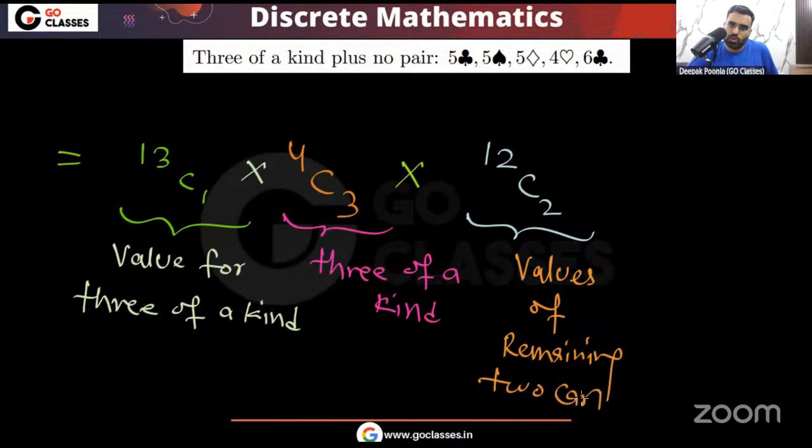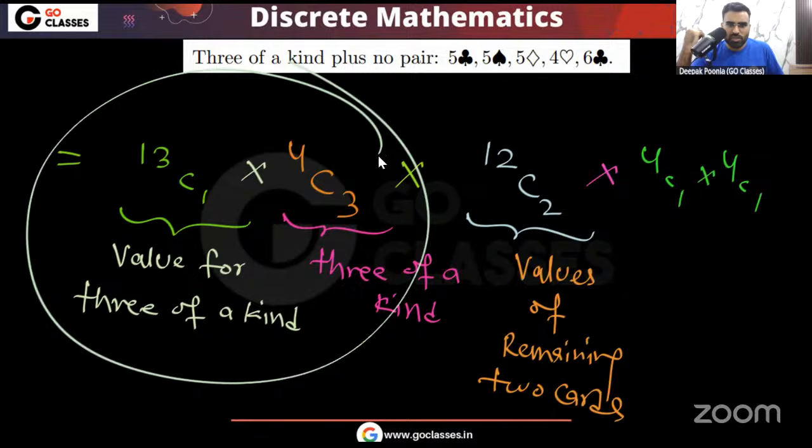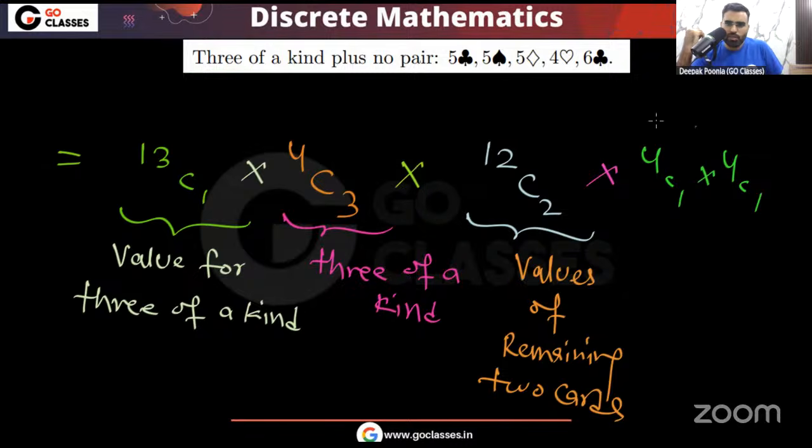Once I have chosen values for the remaining 2 cards, then for each value there are actually a total of 4 cards, but I just want one of them. Yes or no? So 4C1 into 4C1. I hope you understood. Very simple point: the value that you have chosen for 3 of a kind, you cannot choose for the remaining 2 cards.